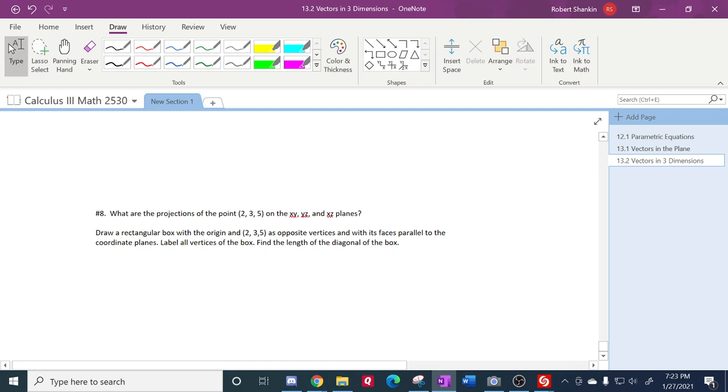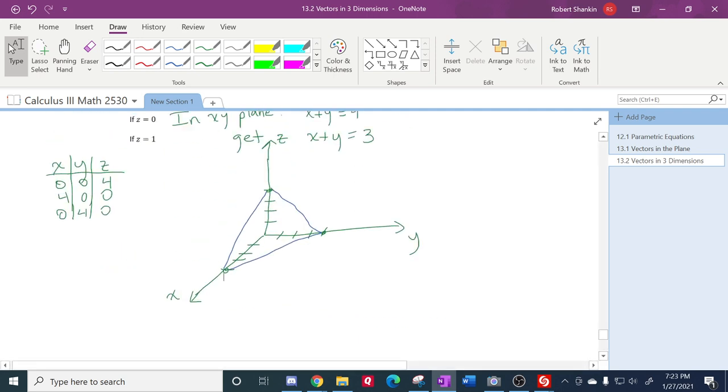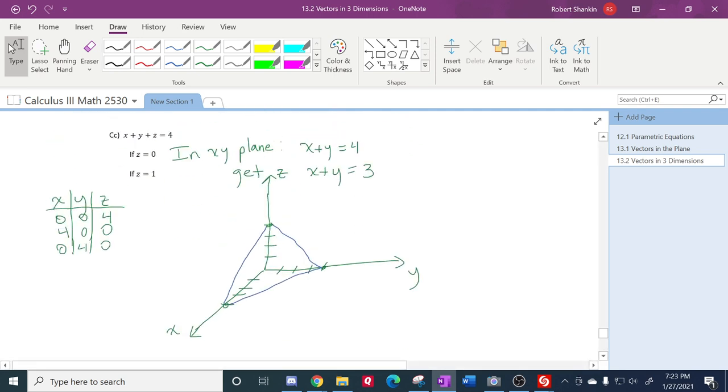Did you say that the plane was extended to all directions or just restricted to the triangle? Yeah, it's not just inside this triangle, but I could have made this triangle a whole lot bigger, you know, and so on, and then that triangle goes out forever like this. So you imagine it's just the points where the plane intersects with the x and y and z.